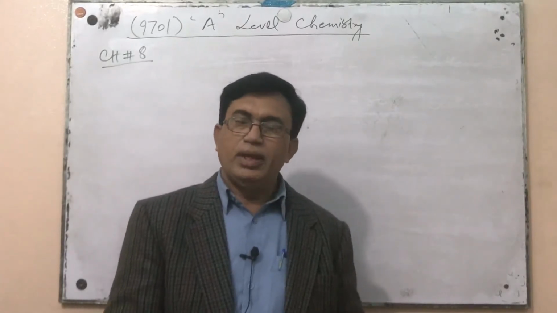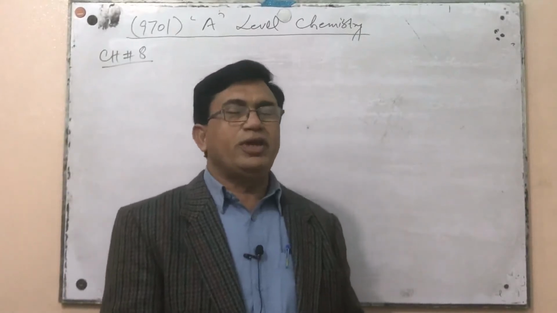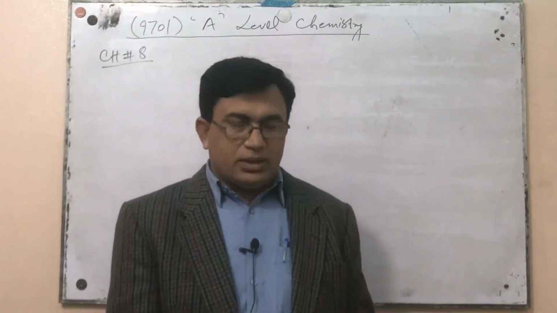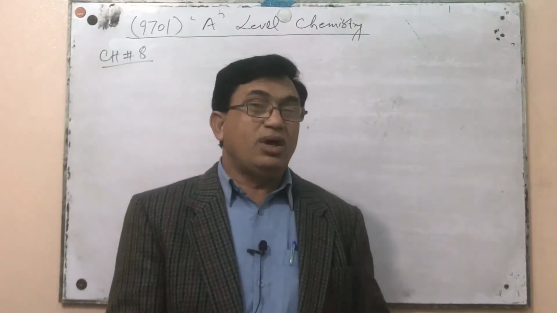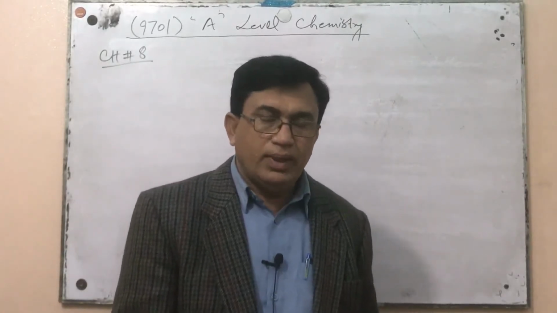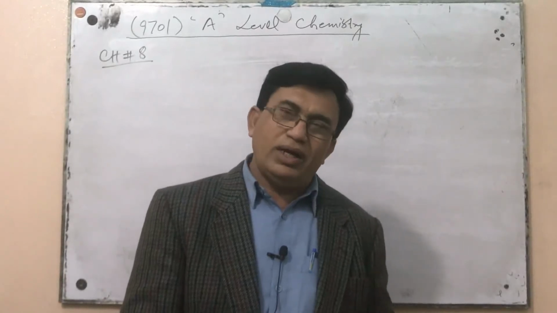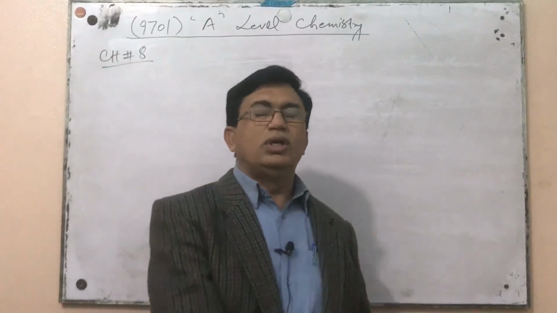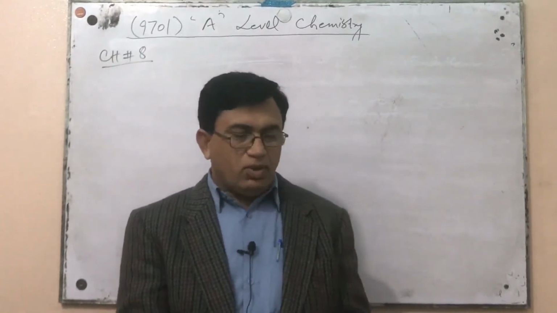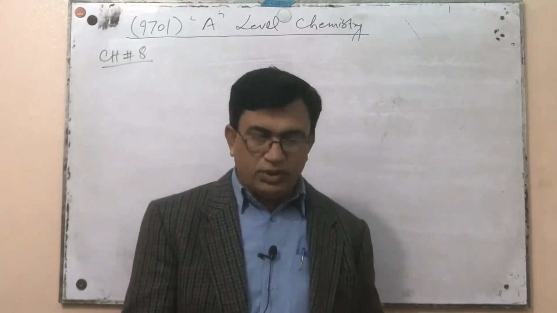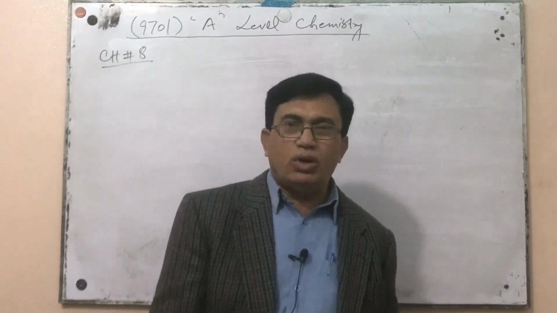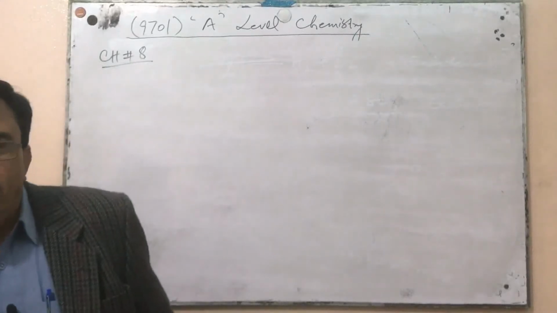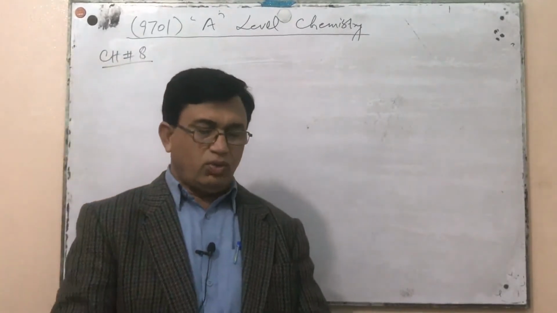But if the concentrations of reactant or product are given but the equilibrium is still not established, then we have to calculate the values at the equilibrium point, and then those values will be used in the equilibrium constant expression for the calculation.